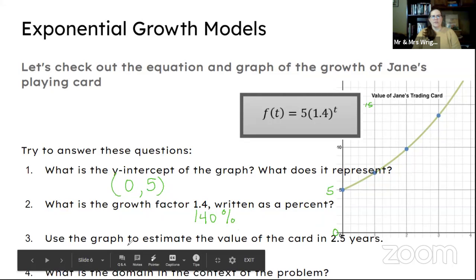All right, now we're going to use the graph to estimate the value of the card in 2.5 years. So what we have to do is, since our input value is time, we know it's the X value or this horizontal value. So we're going to find out what 2.5 years is. And I don't know if you can see that, but that's 1, 2, 3, and 4. So 2.5 is right about here. And we're just going to follow this line all the way up till right about here.